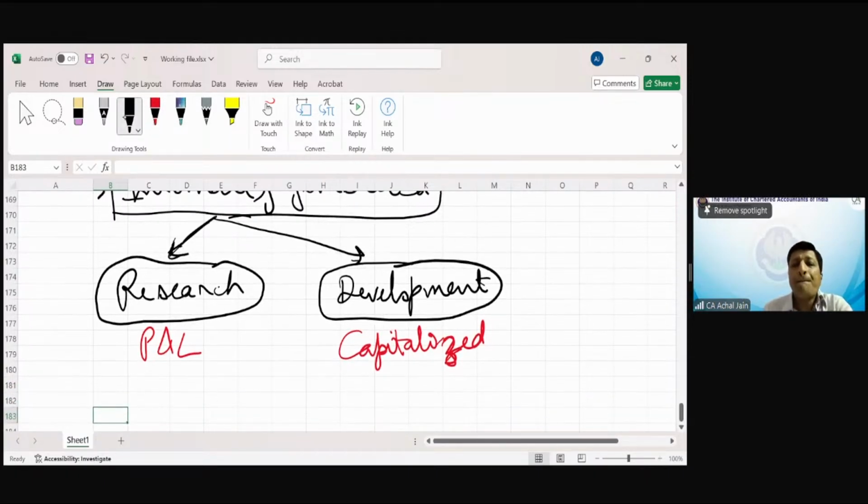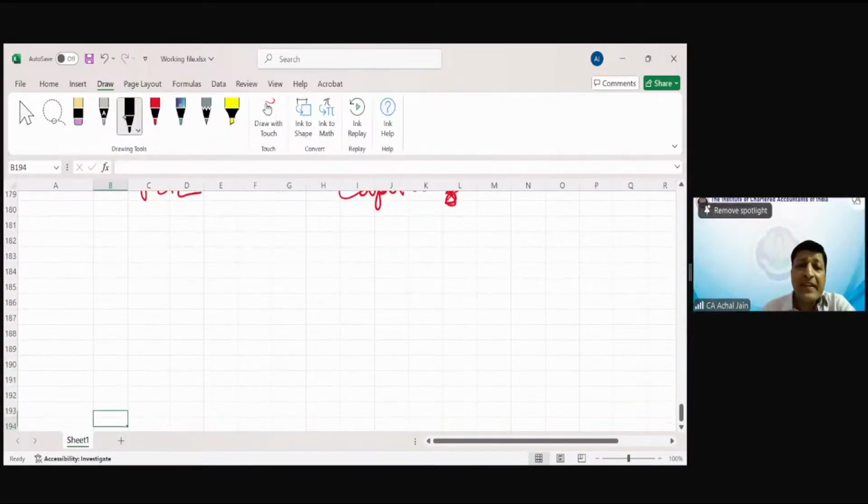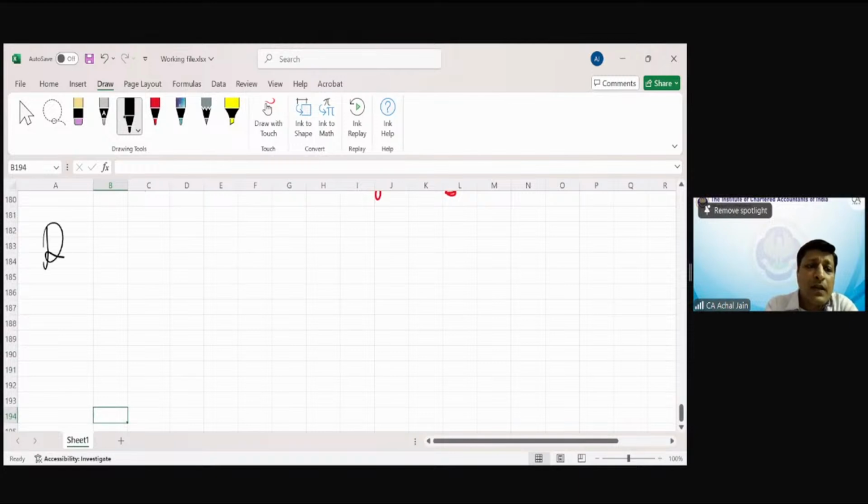Moving further. Now, next, here again, there will be some deletions. Deletions means the sales which have taken place. So that will again be tested on a sample basis.